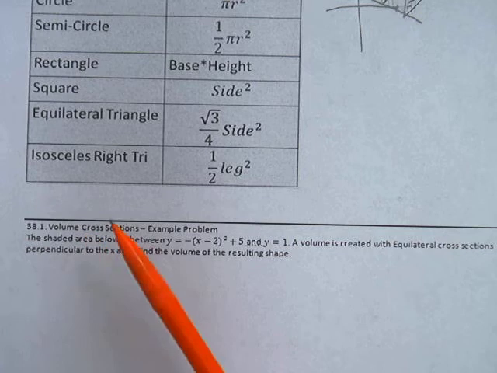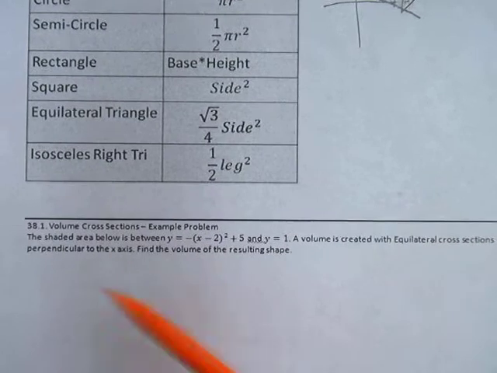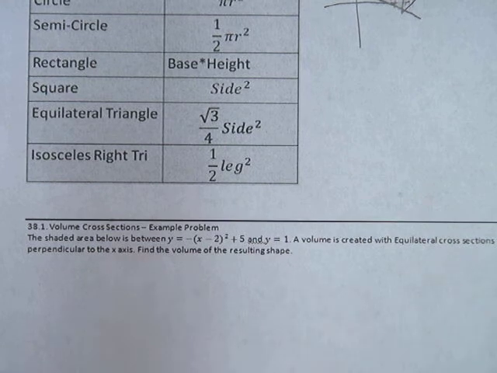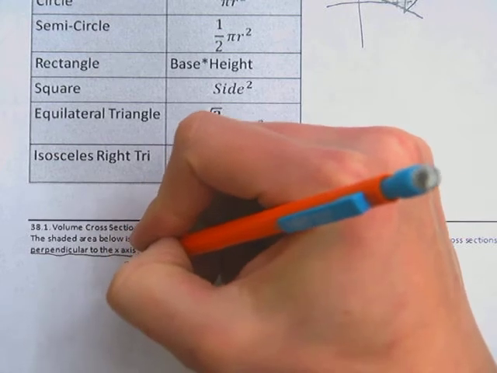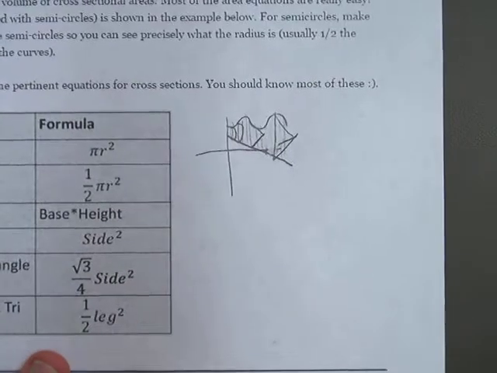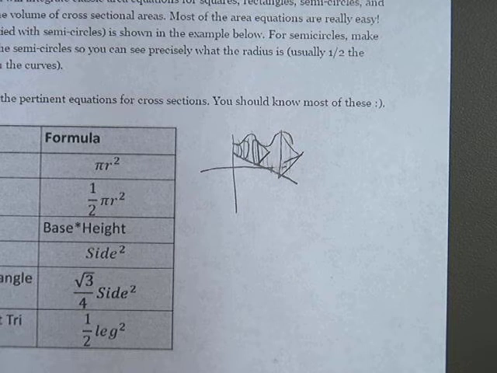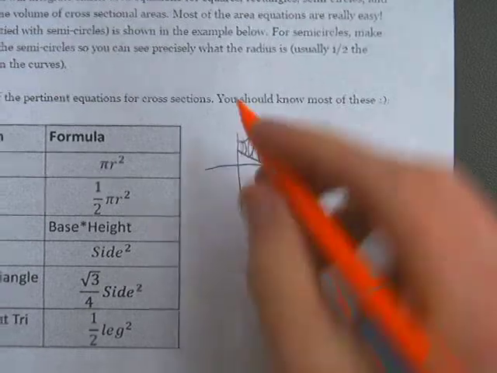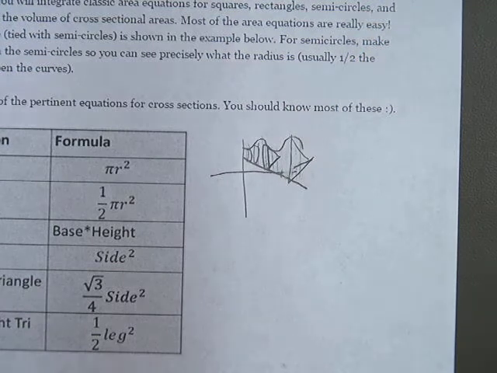So we have a shaded area between two curves, and we have a volume created with equilateral cross sections perpendicular to the x-axis. In these questions, when you say perpendicular to the x-axis, that means we're doing dx. It means the rectangles we're making, like up in our picture, this would be the little rectangle we're making, is dx wide, it's y tall, and it's popping up in some equation into 3D, like a triangle in this case, an equilateral triangle.